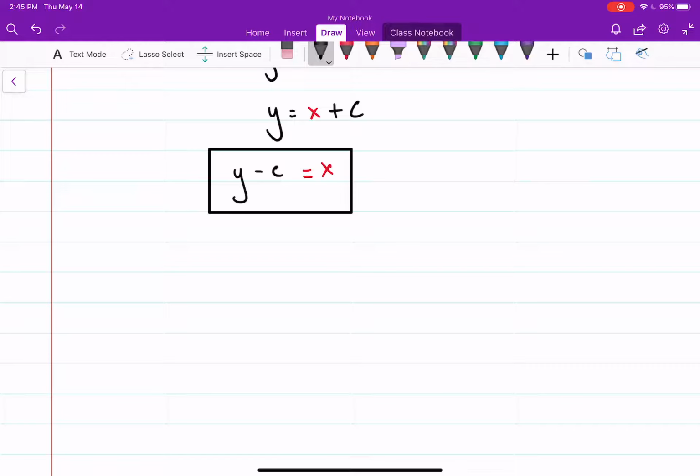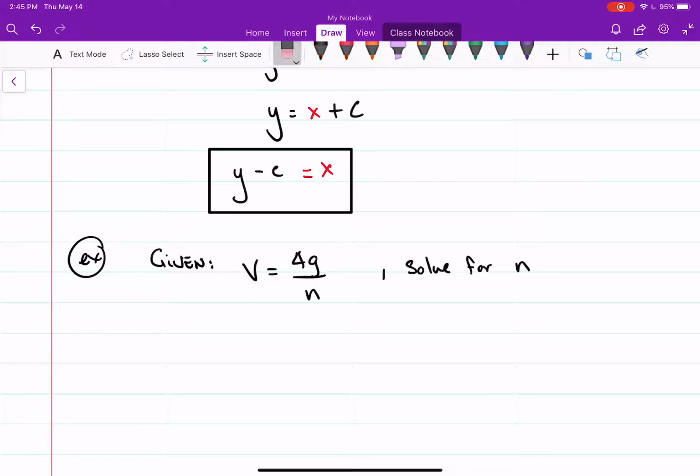You're like, hey, give me a harder one. Okay. Let's see here. Example. It's going to be given v is equal to 4g divided by n, and it's going to say solve for n. So let's solve for n.